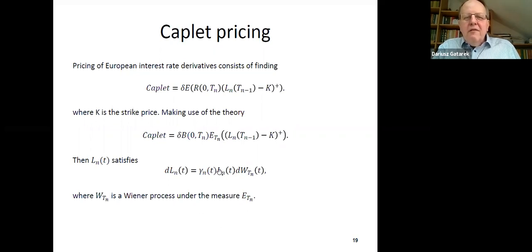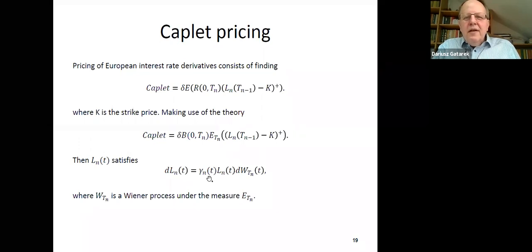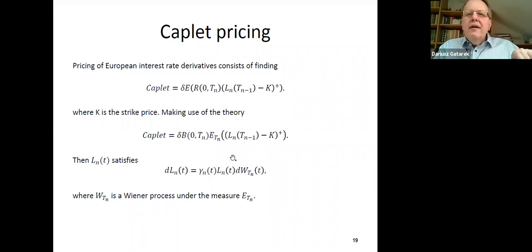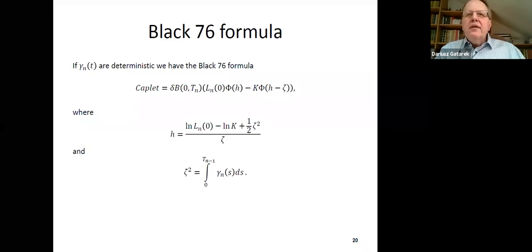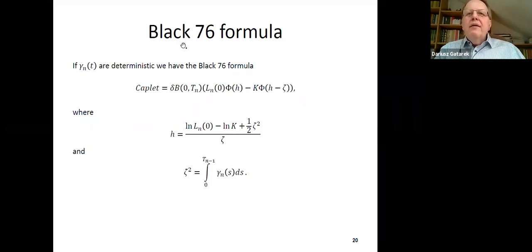Because here we've got a linear function. Gamma is deterministic. So this is an exponential of a Gaussian variable. And of course, for exponentials of Gaussian variables, we've got closed form formulae, namely this formula is called Black 76 formula, and it was exactly the formula that traders used to price interest rate derivatives.